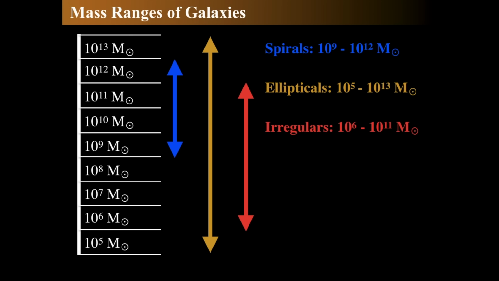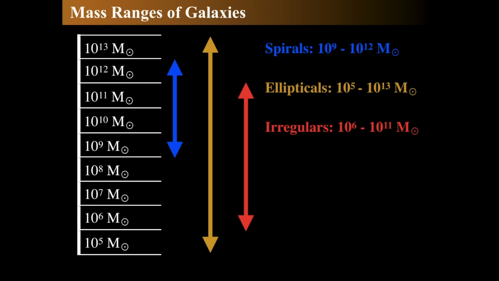All right, so here's some statistics on the nature of the ranges of galaxies. So we look at spirals in blue, and they tend to be on the order of 1 billion or so solar masses up to just under 1 trillion solar masses. Ellipticals have an enormous range, down to about 100,000 masses of the sun. That's what the M sub sun means: that little target is a symbol meaning the sun, and M means mass.